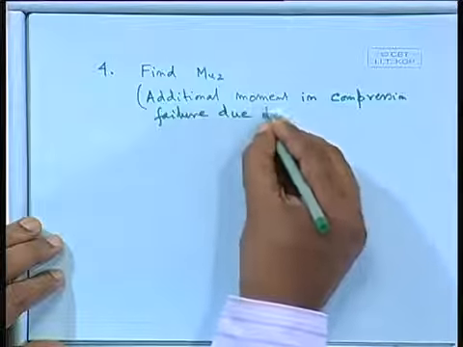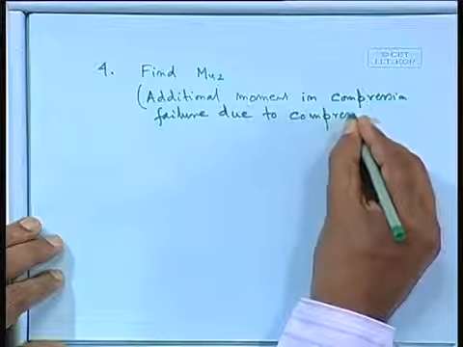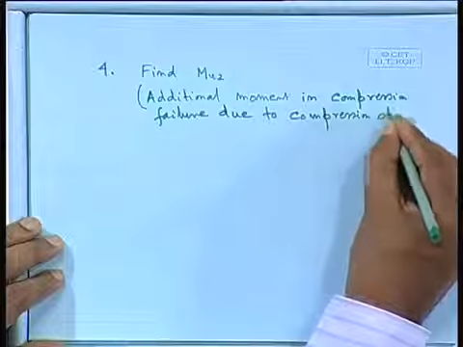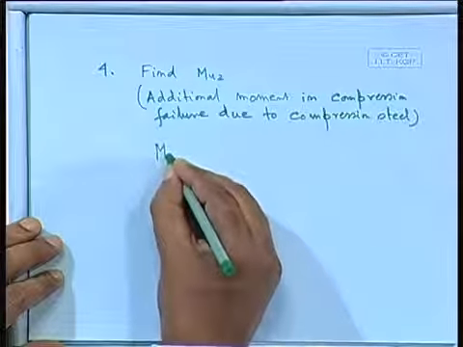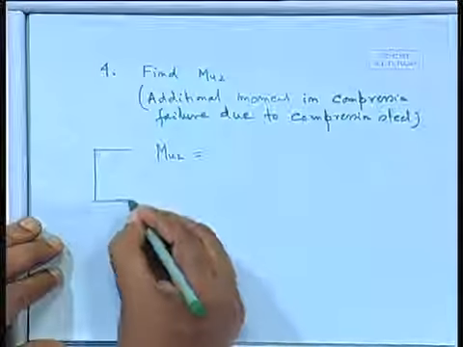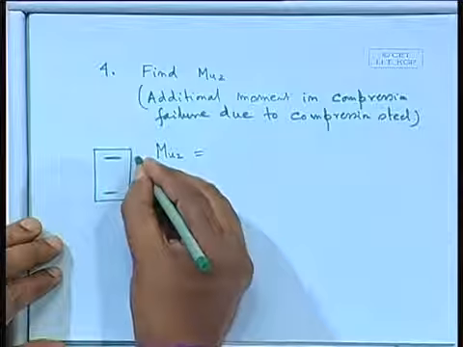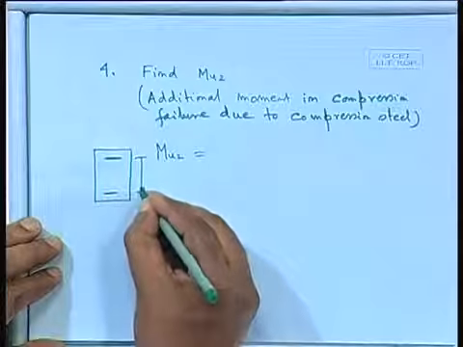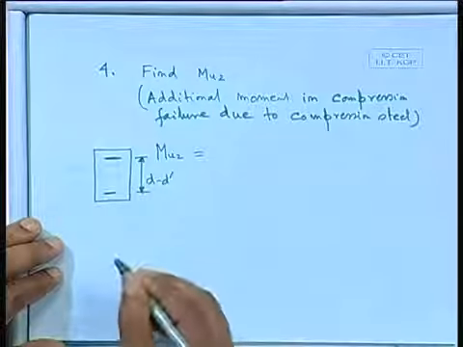Due to compression steel, Mu2 equal to, let me draw the figure. This length is d minus d dash.